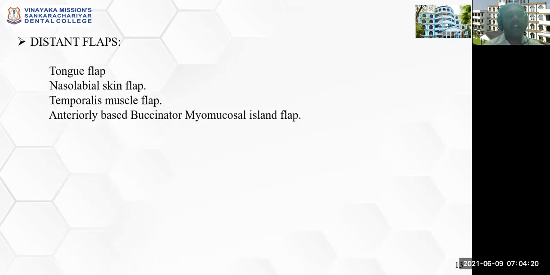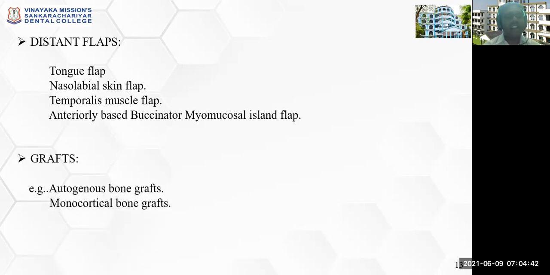The distant flaps are basically the tongue flap, nasolabial skin flap, temporalis muscle flap, and anteriorly based buccinator myomucosal island flap. Basically, a local flap is present very near the vicinity, and distant flaps are a little bit away from the vicinity. And grafts, you can have autogenous grafts, monocortical grafts, and so on.